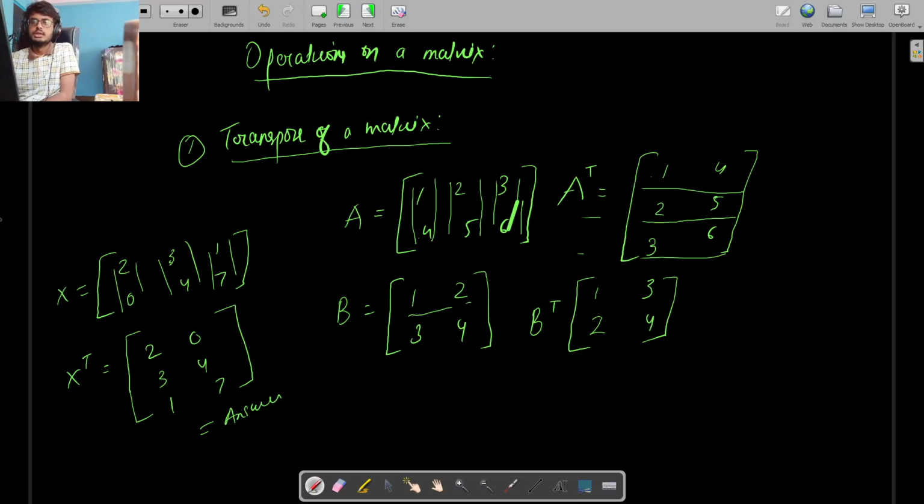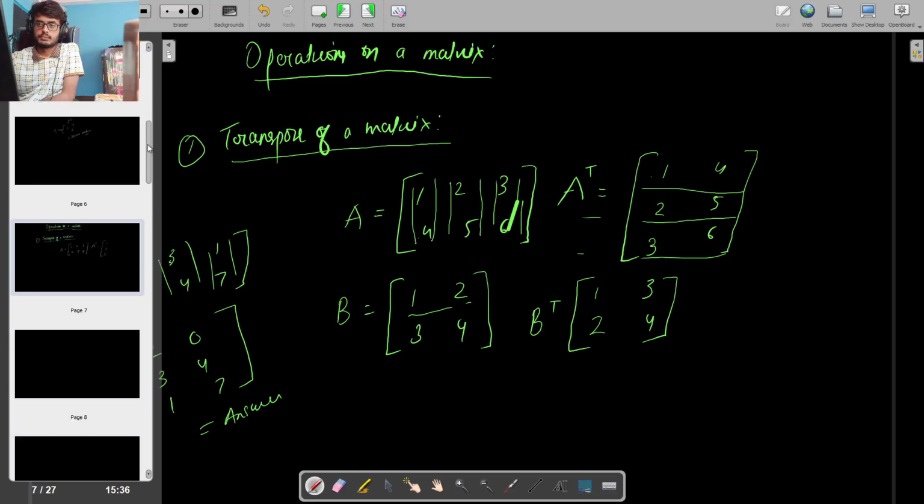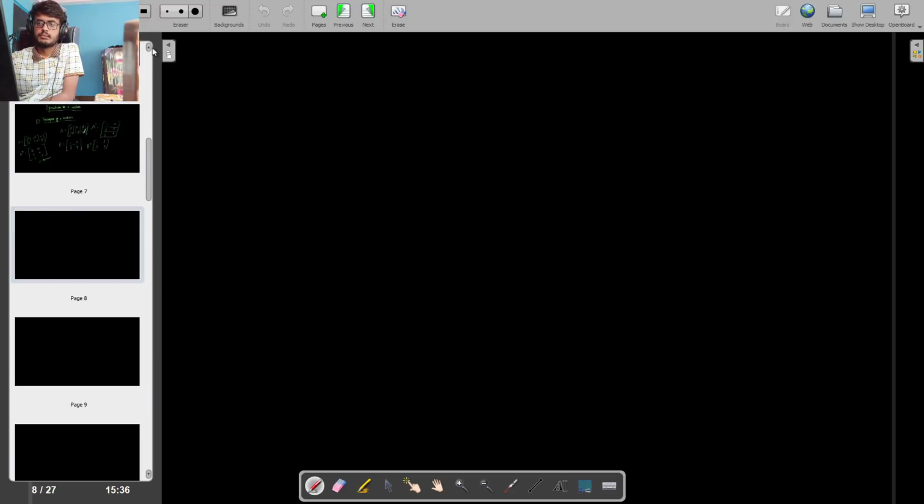Now the second operation on a matrix is equality of matrices. Okay.